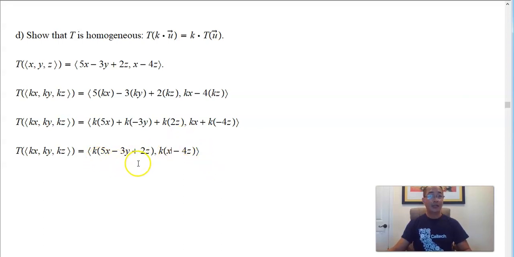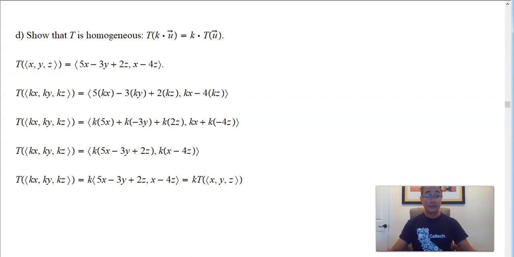Okay, so we're back in chapter 1, scalar multiplication. We can take the k all the way outside of that vector. So we have k times the first component and k times the second component. And of course, we recognize this as the original transformation, the formula for T of x, y, z. And so that is simply k times T of x, y, z. So our transformation is indeed homogeneous.